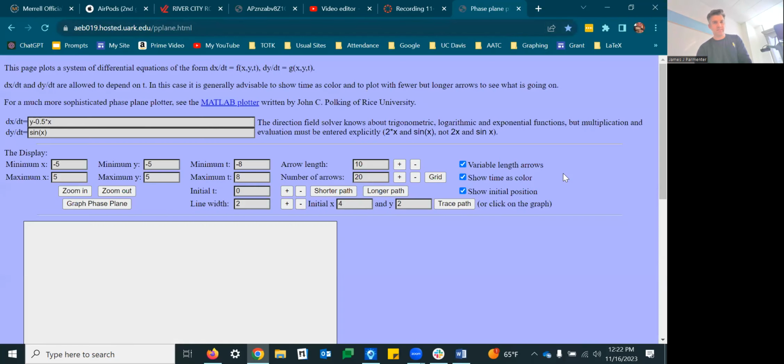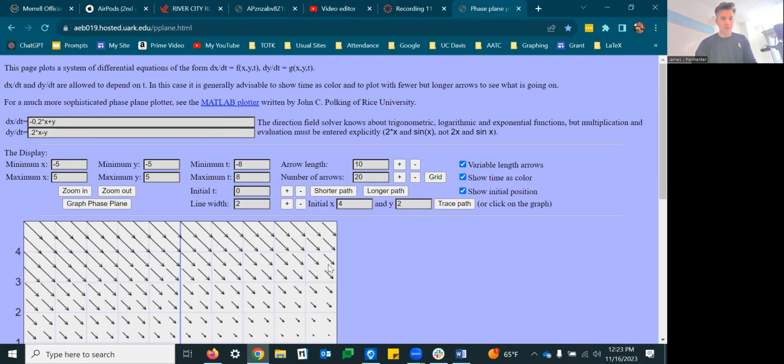That's what I want. So we had dx/dt equal to negative 0.2x plus y, and the other one is just the opposite, positive 0.2x minus y. If you graph that, it's super funky.